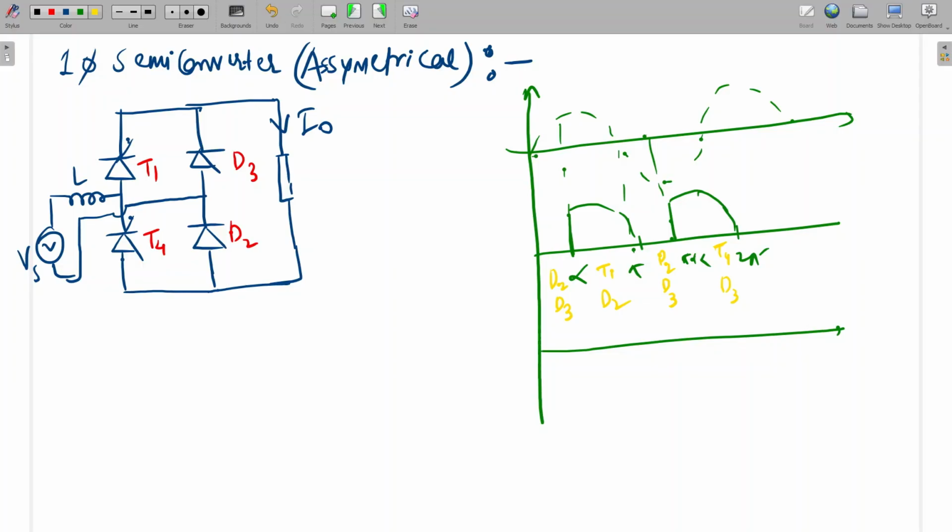So what will be the conduction angle of the diode? Can anyone tell? For the thyristor it will be pi minus alpha normally, and for the diode it will be pi plus alpha, without overlapping.